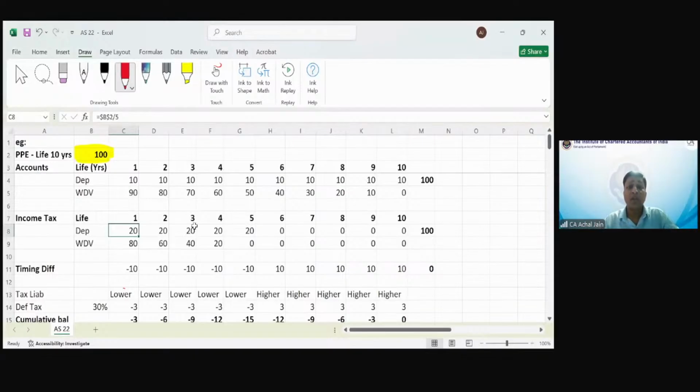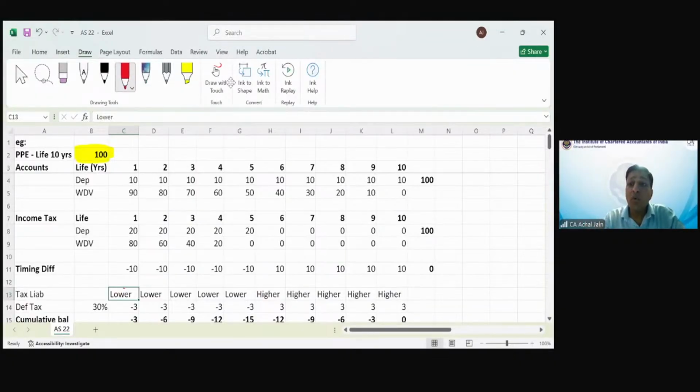So as per income tax, I'll charge higher depreciation, which means I charge depreciation of rupees 10 extra. So what will happen in the first year? My tax liability will go down in the first year. Yes or no?